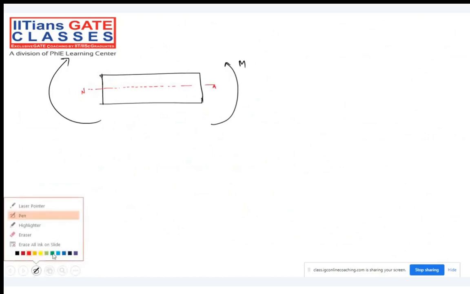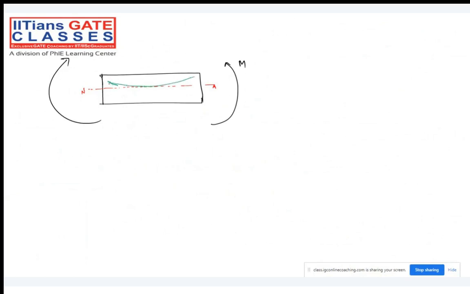We know that after bending, it is going to bend like this.